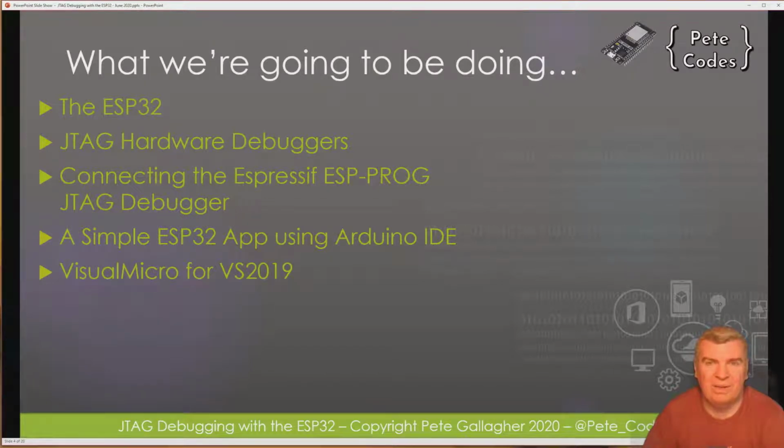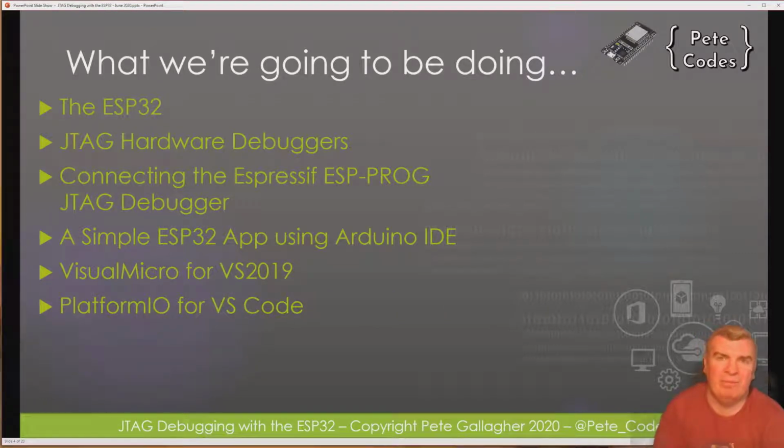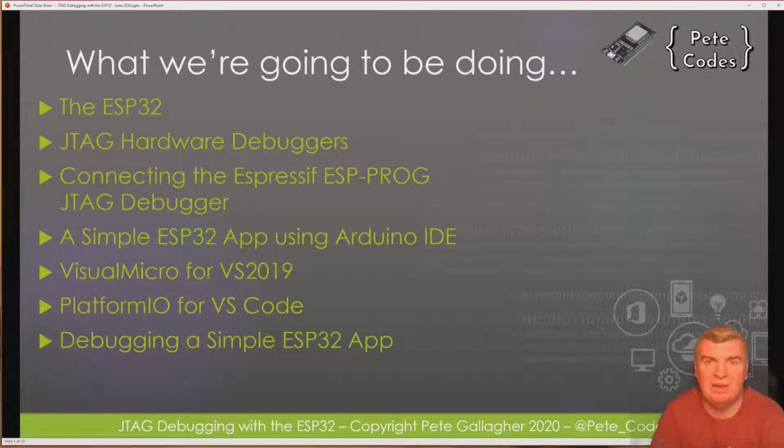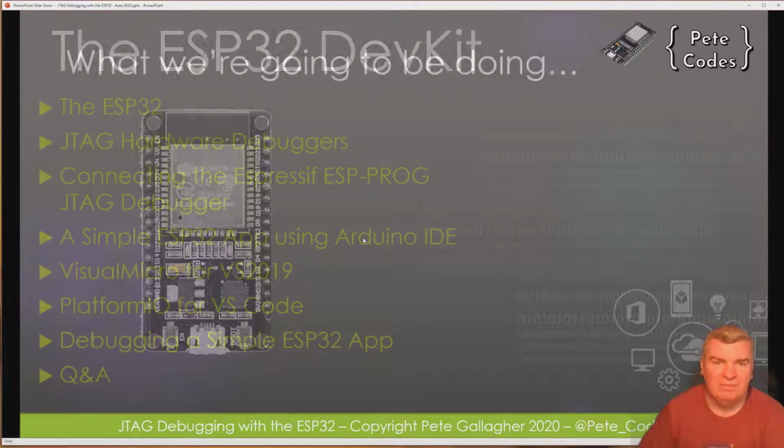Then we'll look at what Visual Micro is in Visual Studio 2019, and then we'll look at PlatformIO in VS Code, and then we'll do a bit of debugging of our app in those just to see how that works. And then we could do a bit of Q&A in the chat if anybody asks any questions in there, so we can do that.